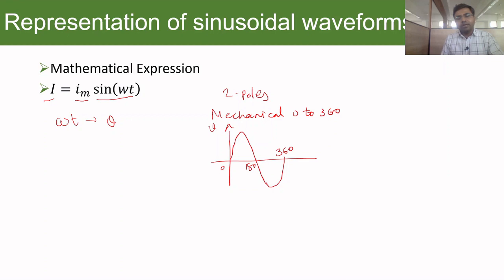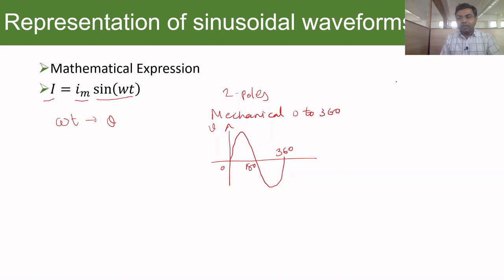This voltage has an angle, which is known as the electrical angle. The output voltage's waveform angle is the electrical angle, and the mechanical angle is the generator's one revolution. When we have two poles, the mechanical and electrical angles are the same.